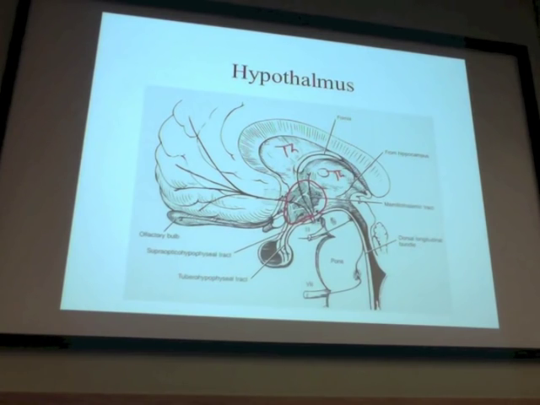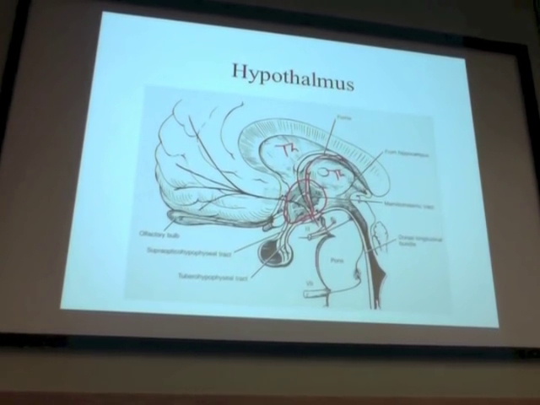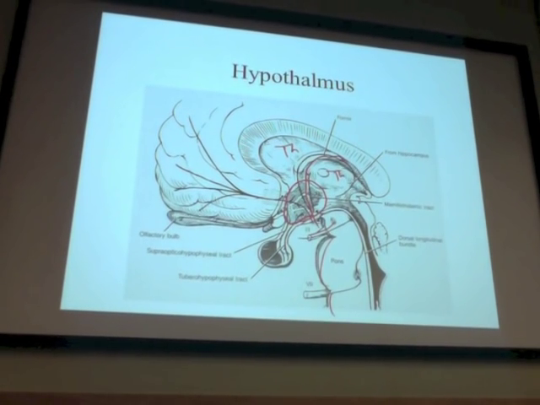Okay, and we are also looking at the fornix, which we'll talk about a little bit today, but a lot on Tuesday. The mesencephalon, the third nerve here, pons, medulla, and so on. So really we're going to focus in on these nuclei right here, the infundibulum and the pituitary gland.